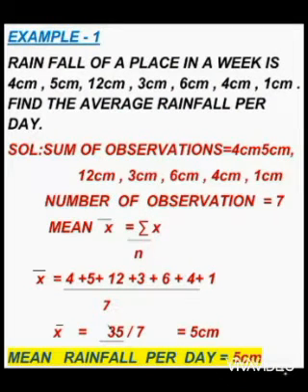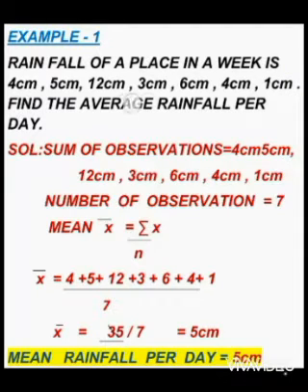Now children, let us find the mean by taking raw data. Let us take one example. Rainfall of a place in a week is 4 centimeters, 5 centimeters, 12 centimeters, 3 centimeters, 6 centimeters, 4 centimeters and 1 centimeter.